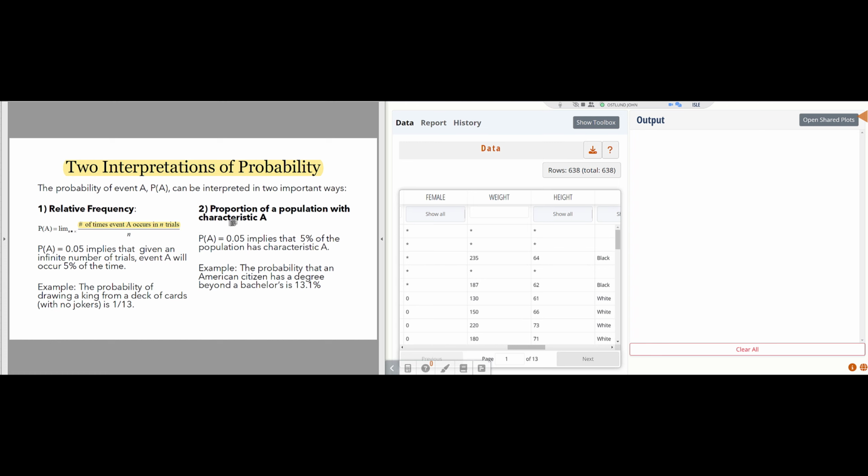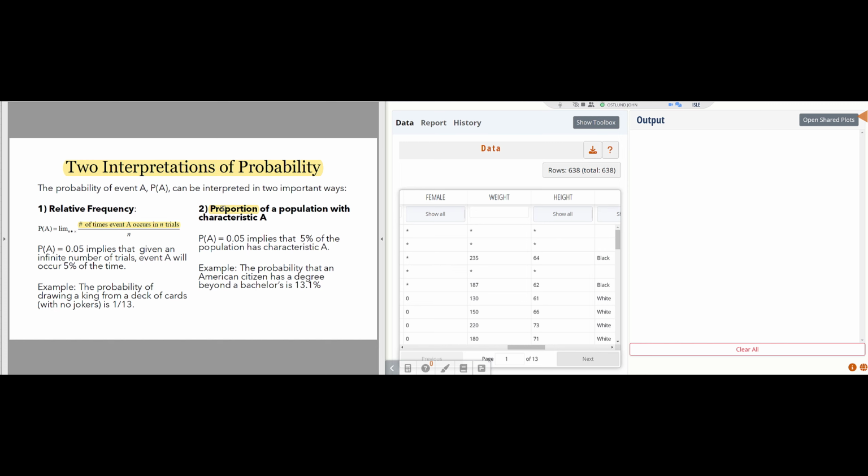Another way of thinking about what we mean when we describe the probability of something is that we're specifying the proportion of some population that satisfies some characteristic. Like, if we say that 27% of adults in Pennsylvania wear glasses, we just claim that this is true.